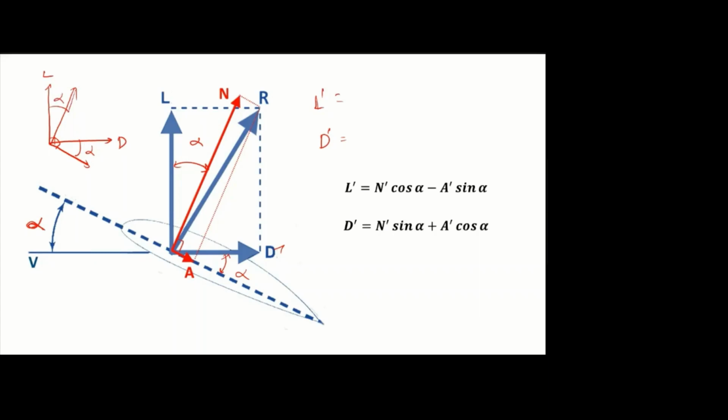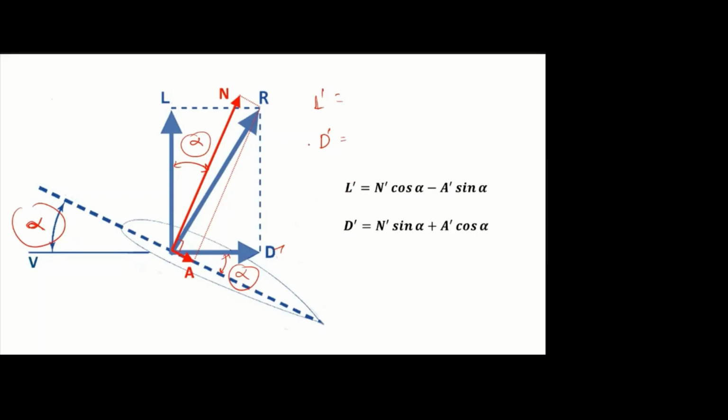This right angle, the L shape, is just turned by the same degree on both sides. So here alpha means here also alpha. Once you know these three angles, you can write the lift and drag in terms of normal force and axial force.